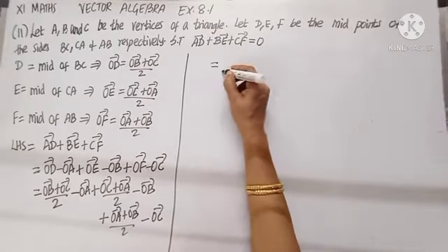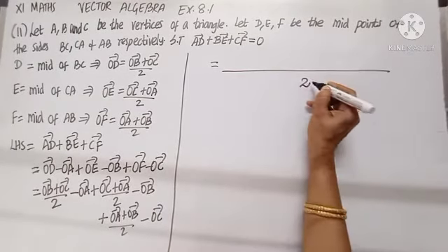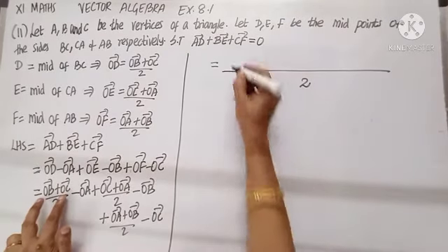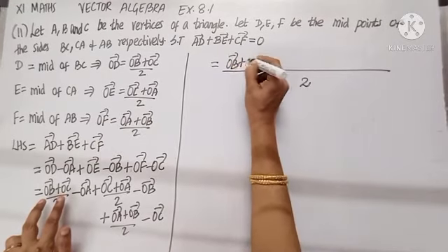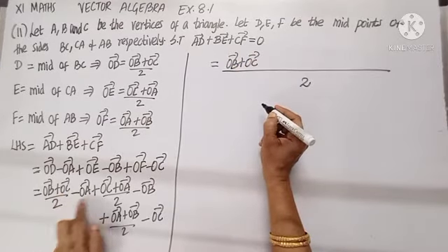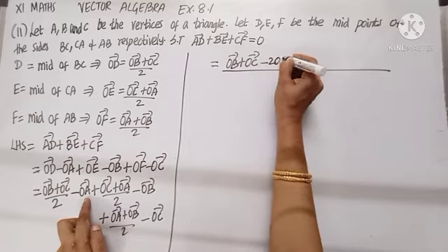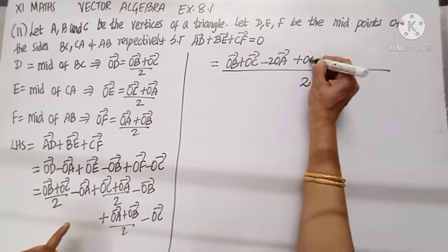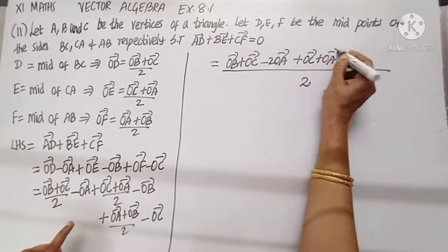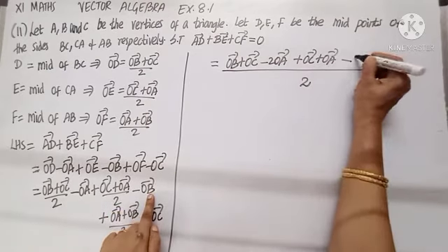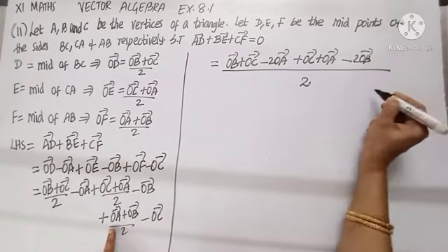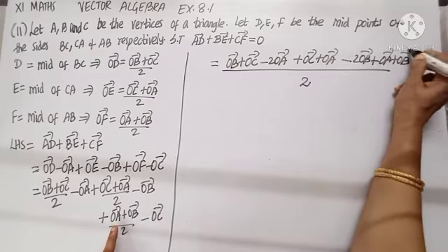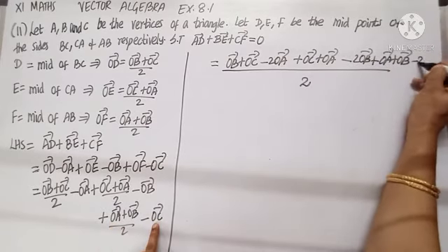Let us take LCM as 2 for all the terms. I get, already 2 is coming, so it is OB plus OC. Cross multiply, 2 into OA, plus already 2 is coming, right, as it is, OC plus OA, 2 into OB, plus already 2 is coming, right, as it is, OA plus OB, 2 into OC.